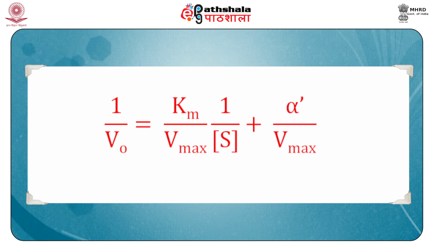The double reciprocal or Lineweaver-Burk equation would be 1 over V0 is equal to Km divided by Vmax into 1 divided by S plus alpha prime divided by Vmax.